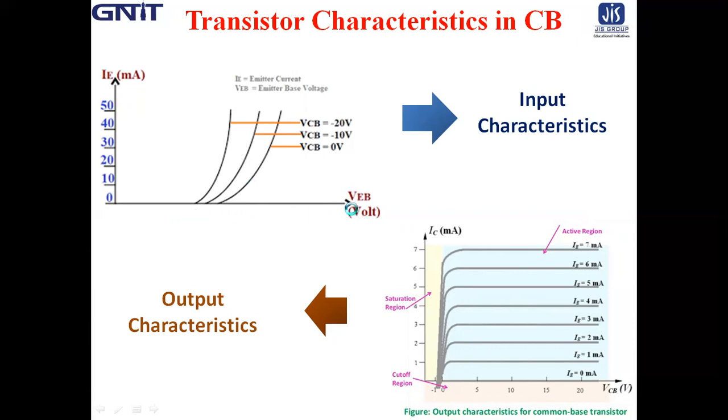The x-axis is the input voltage, that is VBE, and it is for a fixed value of output voltage, that is a fixed value of VCB, the collector to base voltage. This graphical plot is called the input characteristics curve for common base configuration.